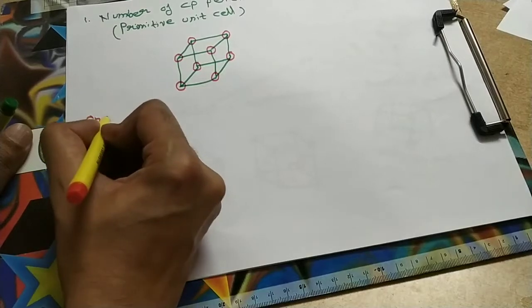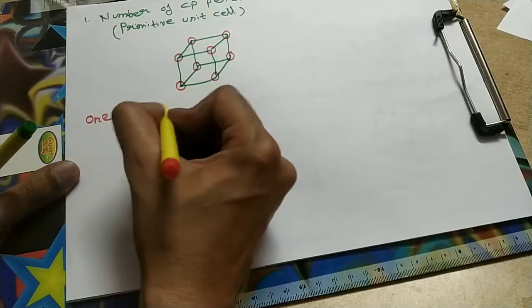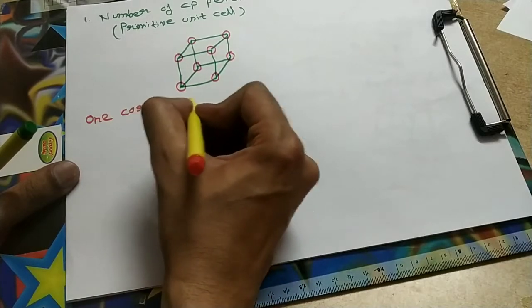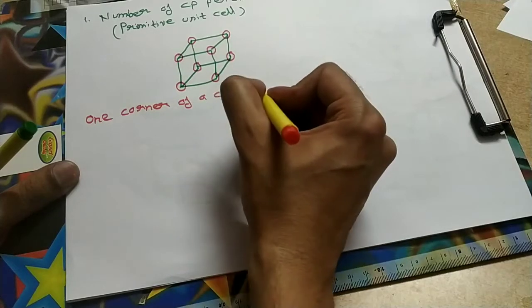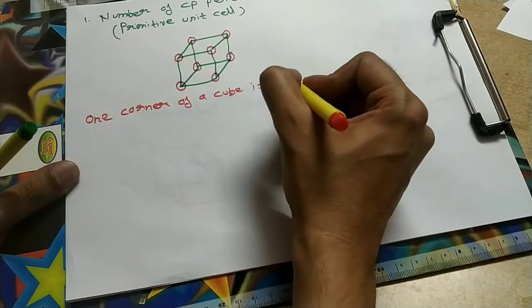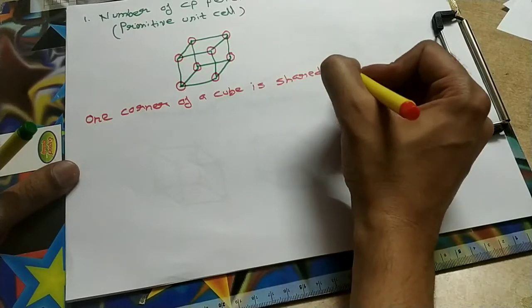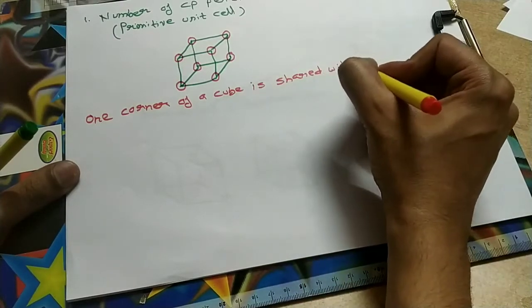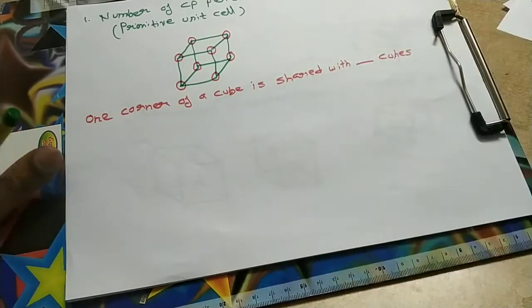One corner of this cube is shared with dash cubes. Can you guess how many cubes?